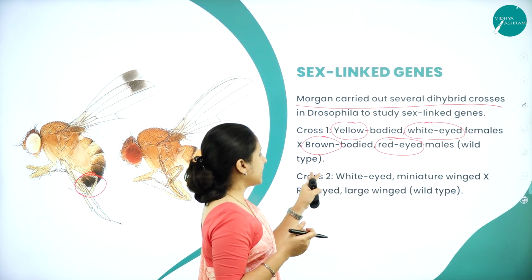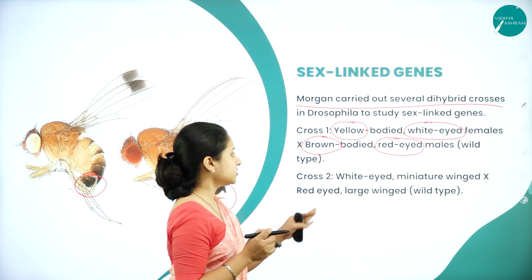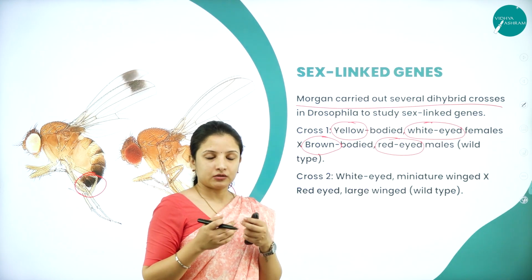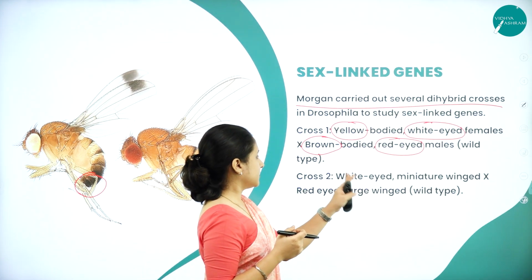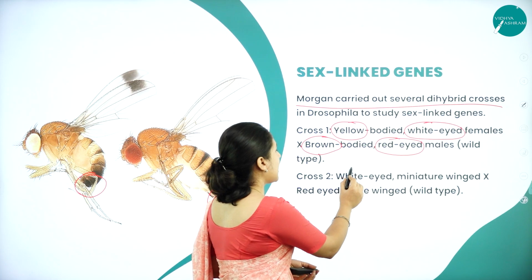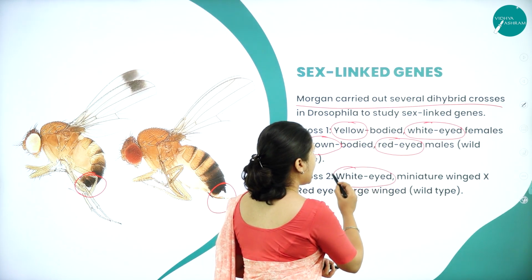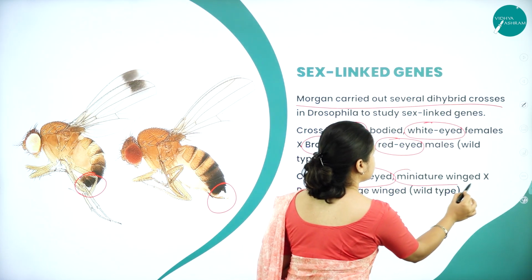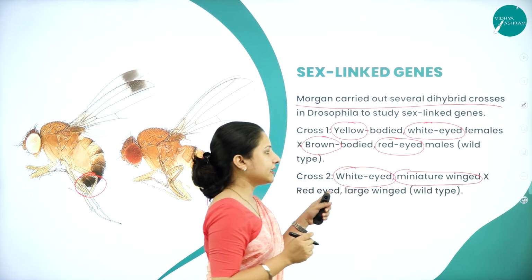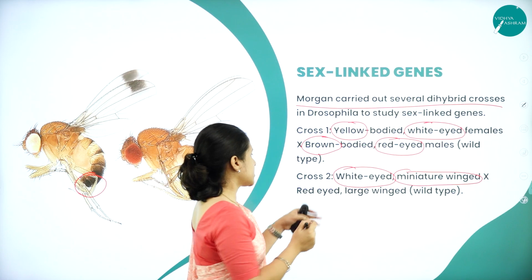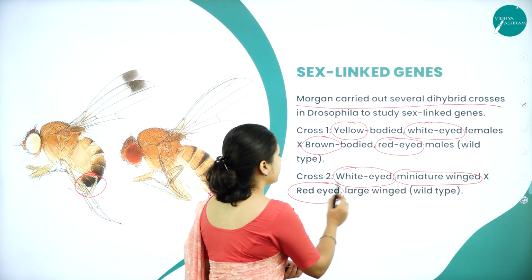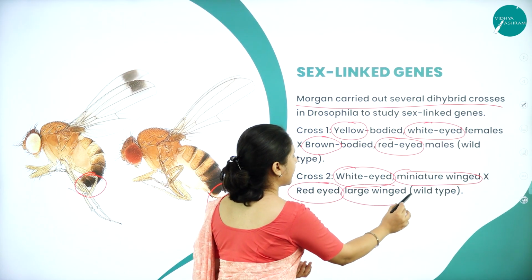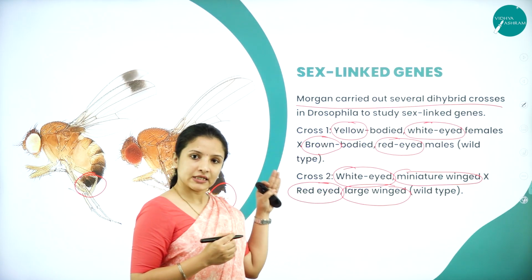In the other experiment, he chose a female with white eyes and very small, miniature wings, and crossed it with a male that had red eyes and large wings, the wild type. So these are the two experiments he conducted.